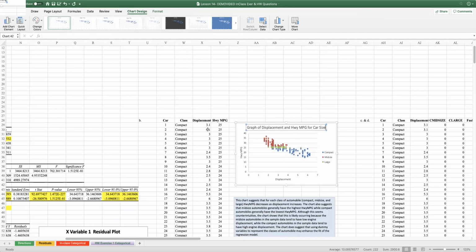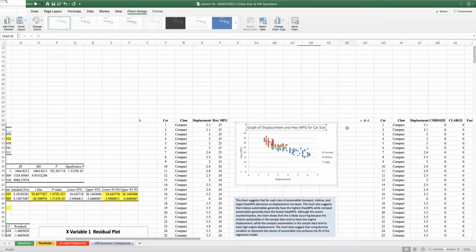It's telling you that the mid-size cars have better highway miles per gallon and less displacement. And the compact cars have more displacement and less miles per gallon. So when you're looking at displacement, it's actually relevant with respect to the efficiency of the car.